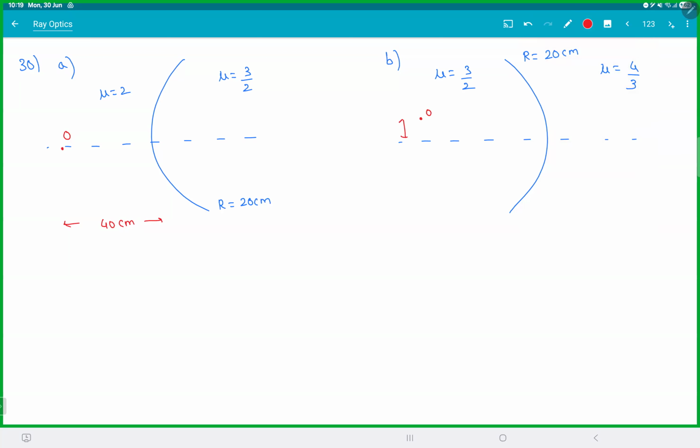Here object is at a height. Find the position of the image. There, just direct formula substitutions.